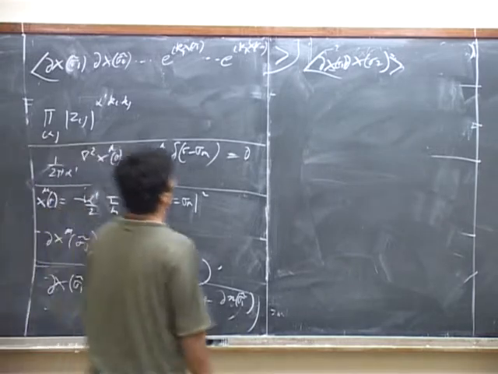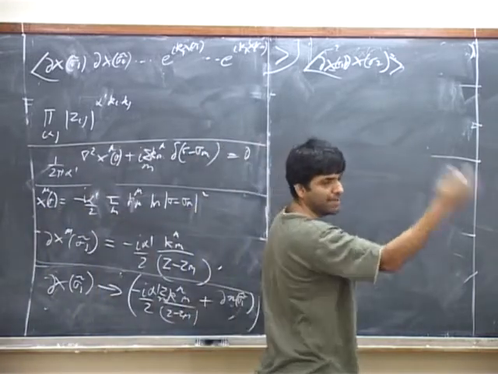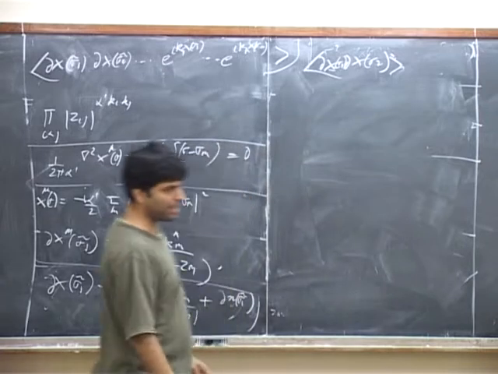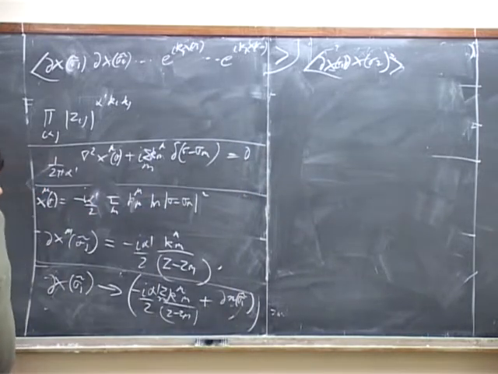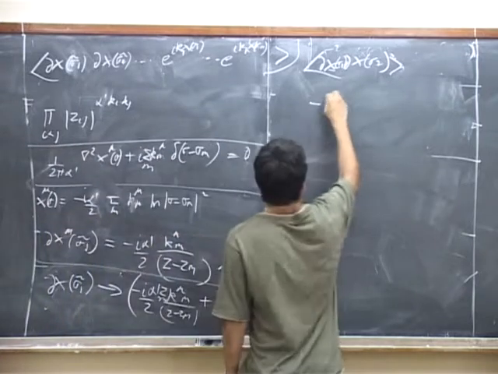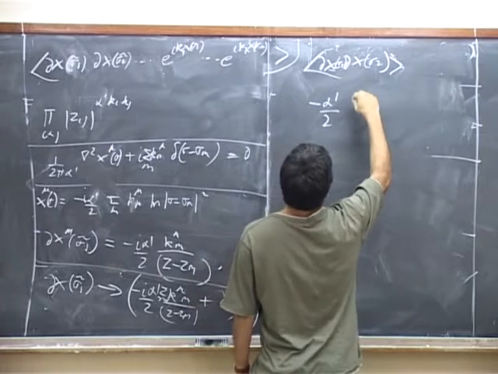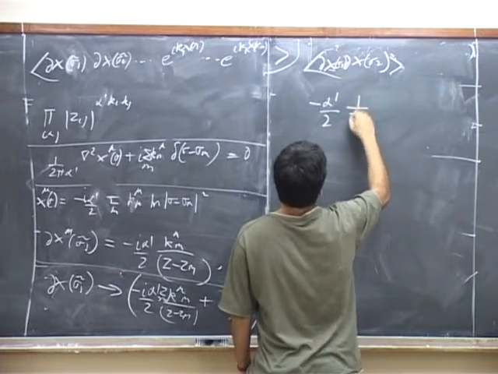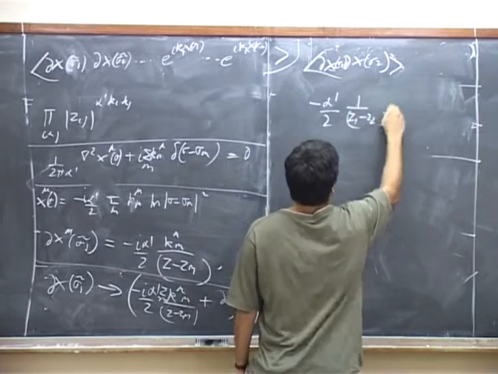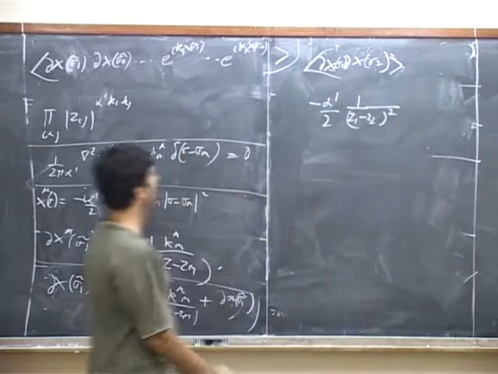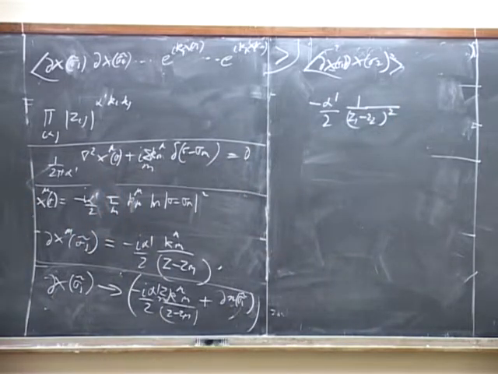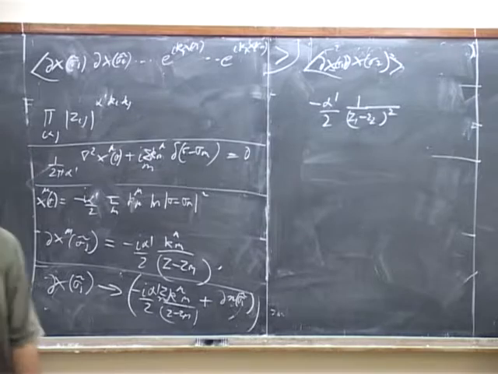Since we had XX going like minus alpha prime by 2, we get minus alpha prime by 2 times 1 by z1 minus z2, the whole thing squared. We know that this is the only singular term.